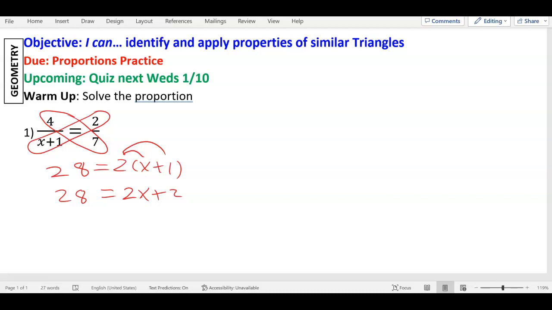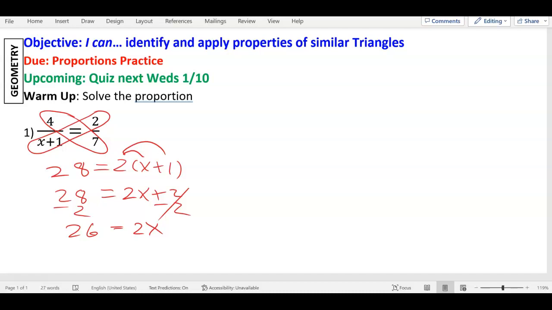So on the side with x, we want to get rid of the loner. So the loner is 2. How do I get rid of the plus 2? The opposite is minus 2, right? 28 minus 2 is 26. Bring down 2x.